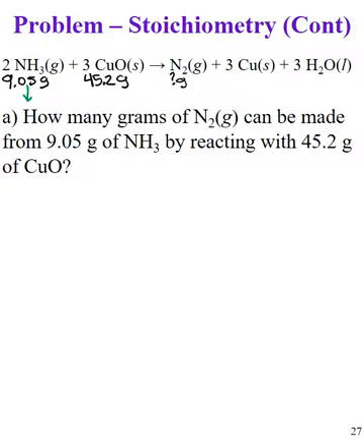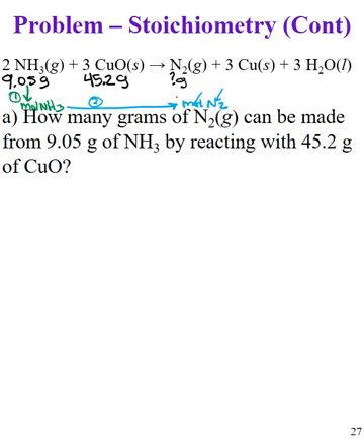The first thing I need to do is convert our grams of NH3 into moles of NH3. What is the second thing I need to do? Convert moles of NH3 into moles of N2. Remember to write both your moles and N2.